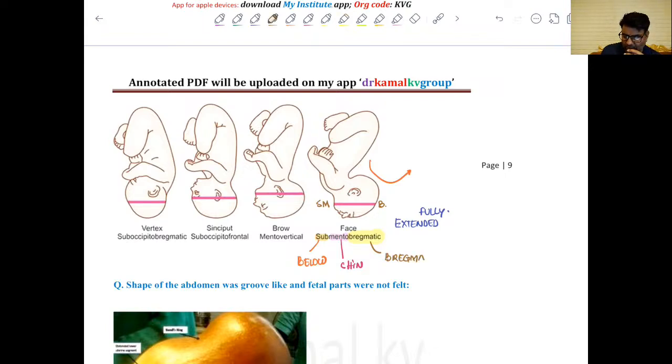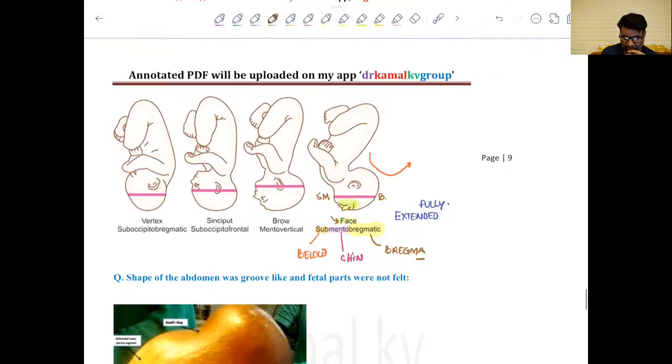So in case of face presentation, right? This is a face presentation, and the engaging diameter is submentobregmatic, and the fetal head is fully extended, right? So this is in case of face presentation, submentobregmatic.